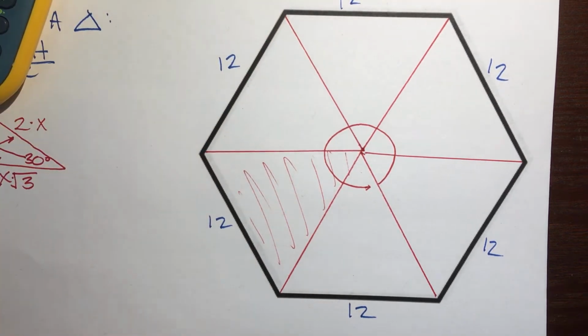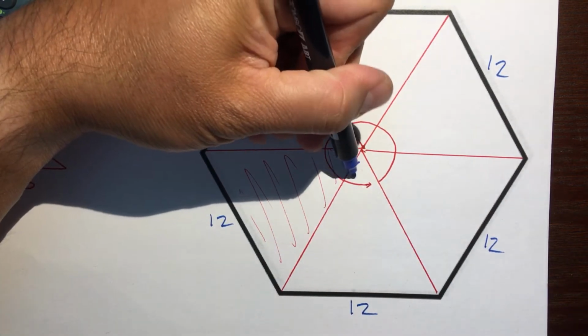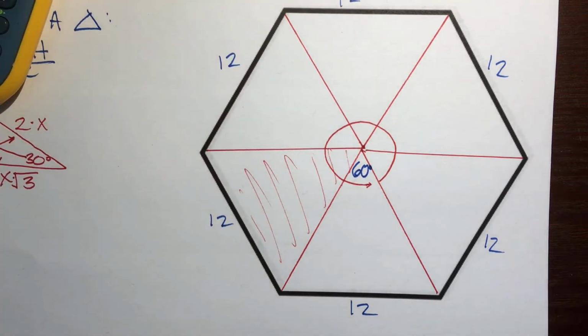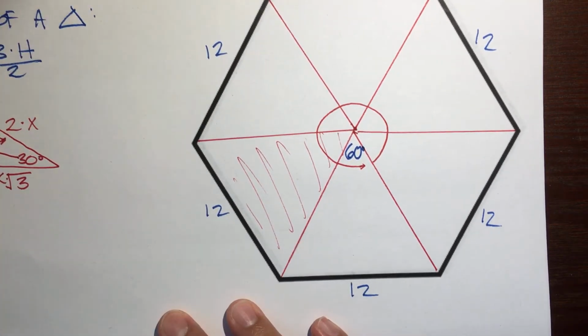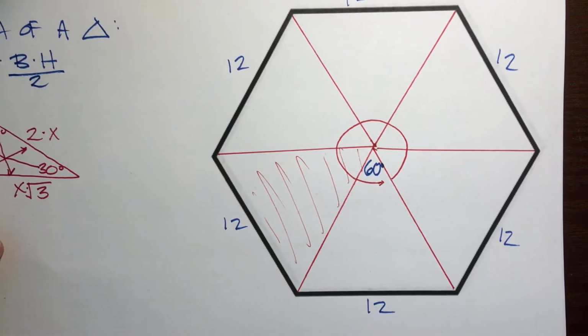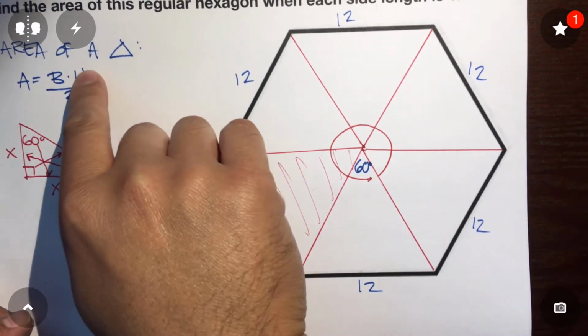So this angle, remember, we're just going to focus on this one triangle down here. This one angle is 60 degrees. If you need to pause and rewind, do it. All right, so area of a triangle, base times height divided by 2.